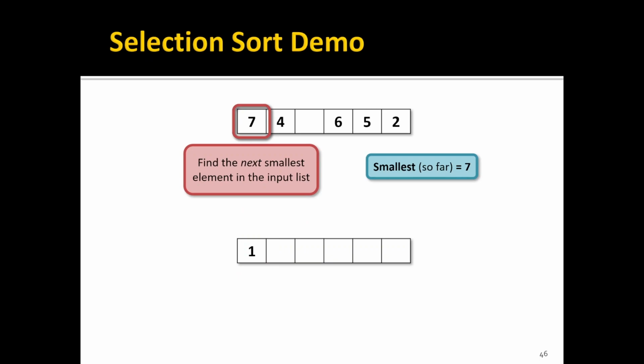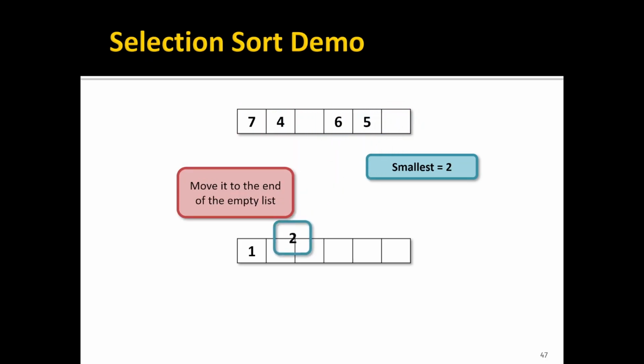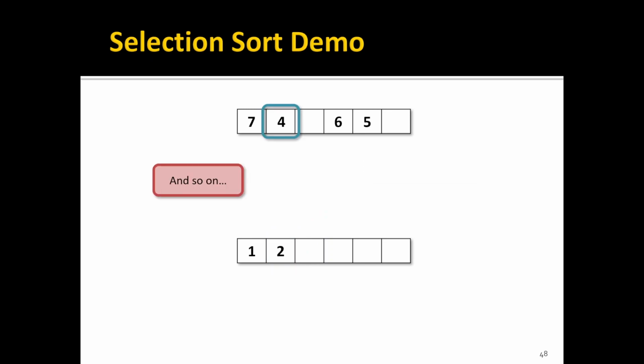We say find the next smallest item. So starting at the beginning, looking through our list, we find the smallest item at the end of the list there, and then we copy that into our output as well. Repeating until we've found all of the items and put them in order. So note, for each individual item we're sorting, we had to do a linear search through the input list.